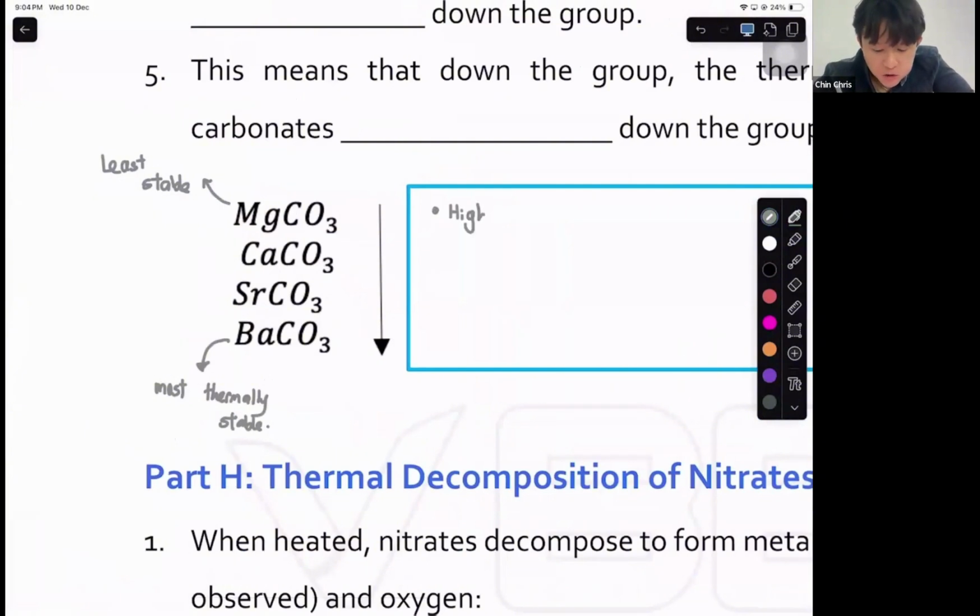So guys, as it goes down, it has higher thermal stability, and also it decomposes at higher temperature, understand?